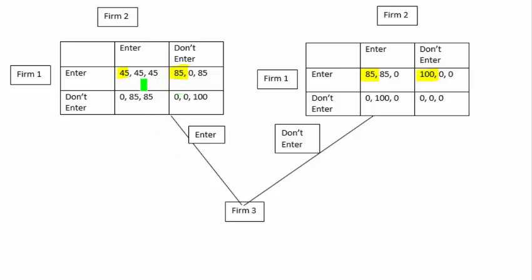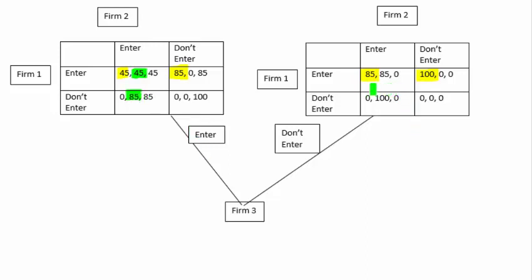So if firm 1 was to enter and firm 3 was to enter, firm 2 would decide between 45 and 0, and seeing as 45 is the bigger number, firm 2 would choose to enter if firm 1 enters and firm 3 enters. Now if firm 1 decided not to enter and firm 3 decided to enter, firm 2 would decide between 85 and 0 and see that 85 is the bigger number and decide to enter.